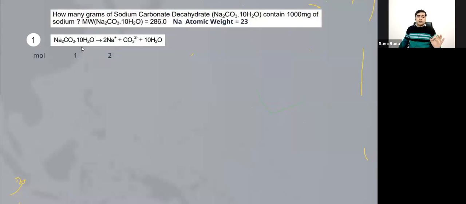In this equation, we got to know that now we are at the level of grams. So we will be at the level of moles: gram, mole, milligram, millimole. We are at the level of gram, so we will stay at the level of mole for now. 1 mole of this is going to give us 2 moles of sodium, because, take a look, Na2.